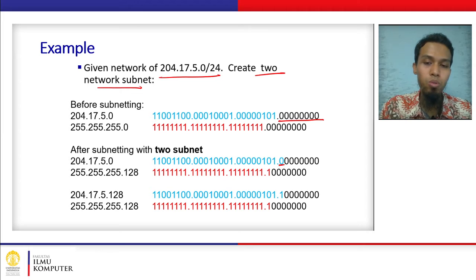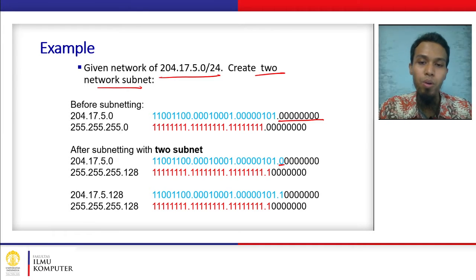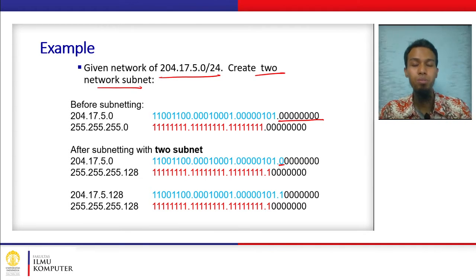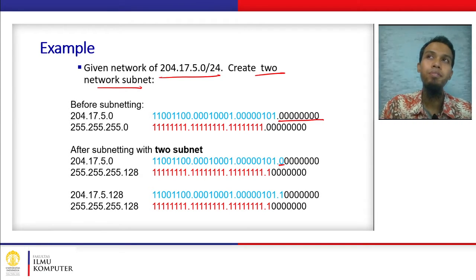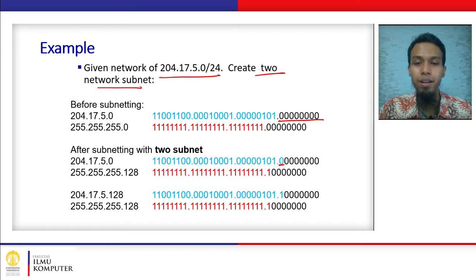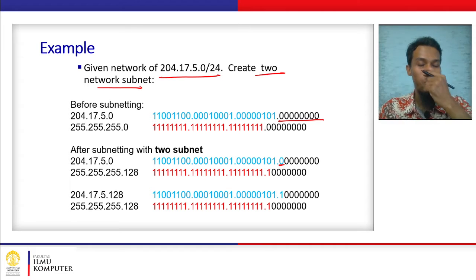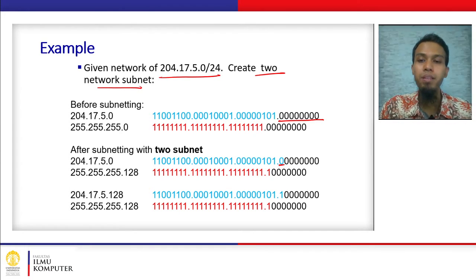There can only be two options, either 0 or 1. If we translate it from binary to decimal, the first subnet will have a network address of 204.17.5.0, and the second subnet will have a network address of 204.17.5.